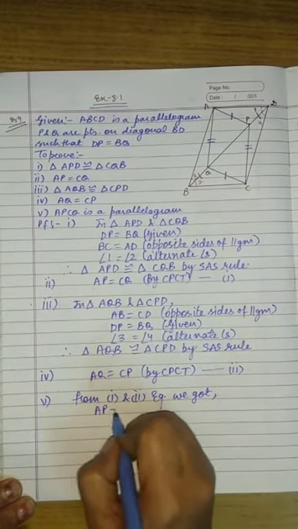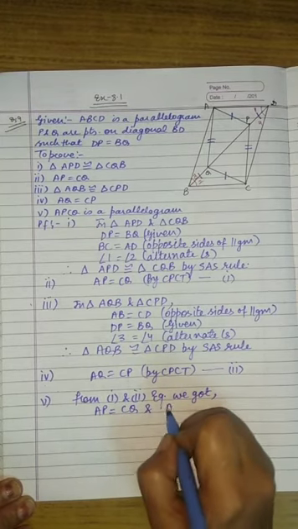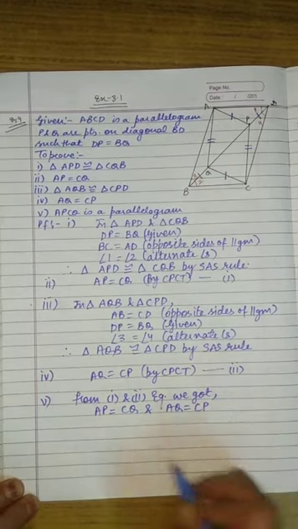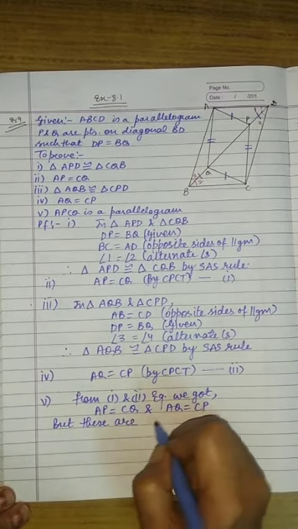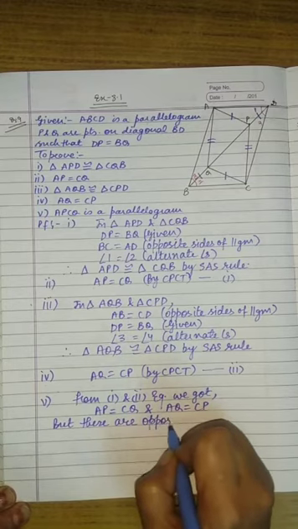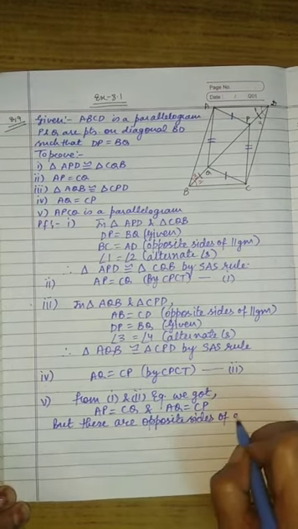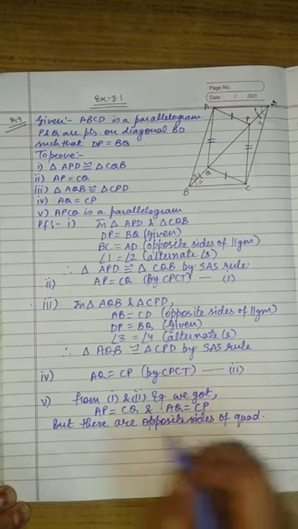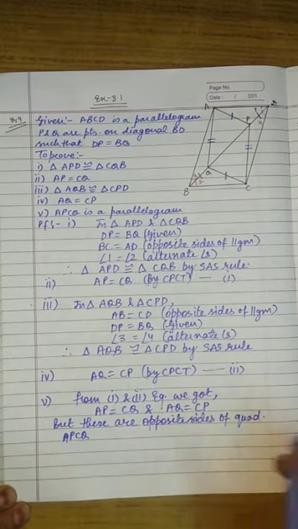So from first and second equation we got AP is equal to CQ and AQ is equal to CP, but these are opposite sides of quadrilateral APCQ.